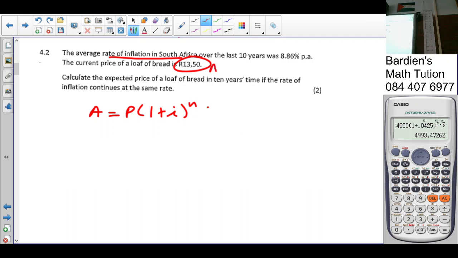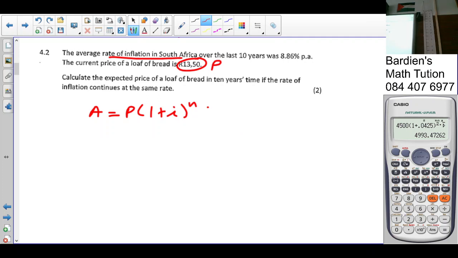A value. Why? Because we're ending off with this amount. Actually, this is not A, it's your P value. I was expecting them to ask us what the price of the bread was 10 years ago.